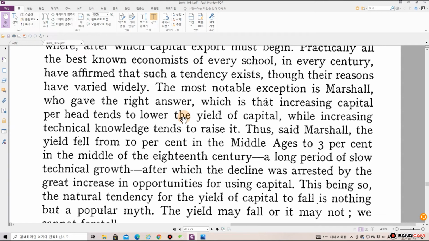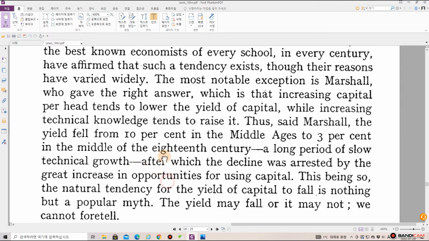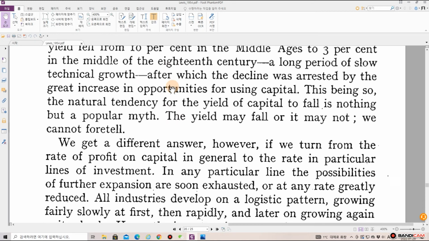The most notable exception is Marshall, who gave the right answer, which is that increasing capital per head tends to lower the yield of capital, while increasing technical knowledge tends to raise it. Thus, said Marshall, the yield fell from 10% in the Middle Ages to 3% in the middle of the 18th century.